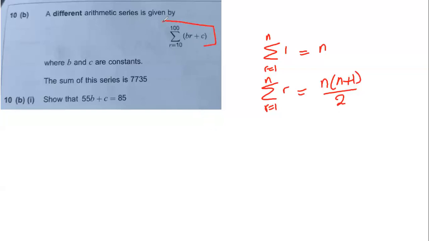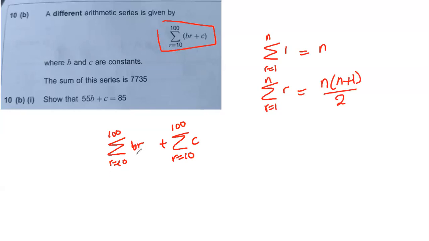Then that summation expression, I can summarize as follows. I have the summation from r equals 10 to 100 of br plus the summation from r equals 10 to 100 of c. First of all, I have constants, and I can always remove constants to outside because they're just constants in a series.